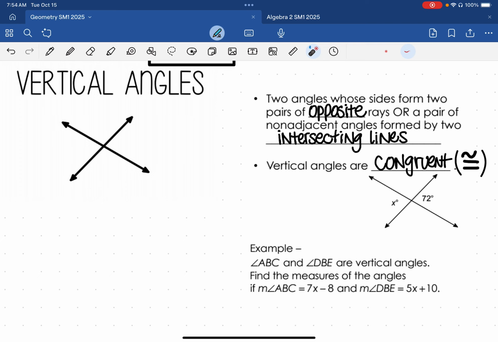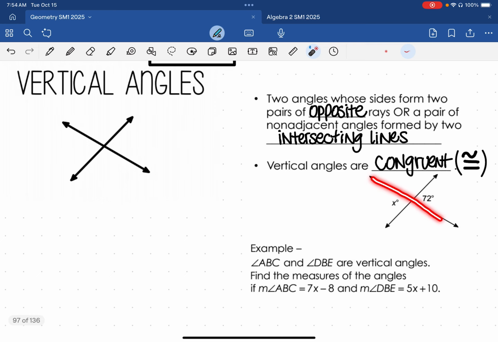This, of course, is the most common way to see vertical angles, by intersecting lines that you see here in this diagram. Vertical angles are congruent. That means that this angle here at x is 72 degrees. Notice that the angles in this picture only share the vertex. That's all they have in common.